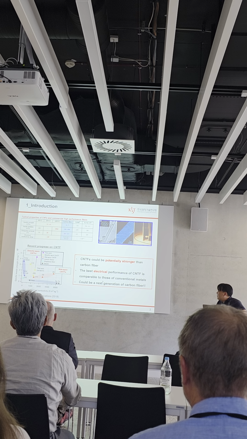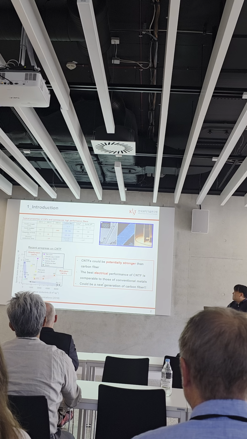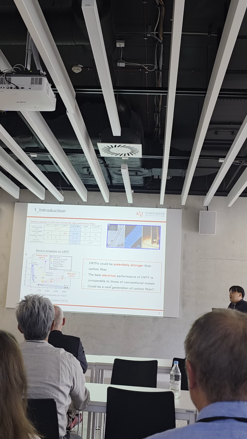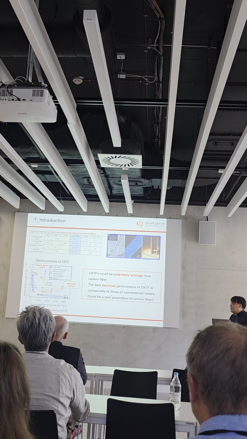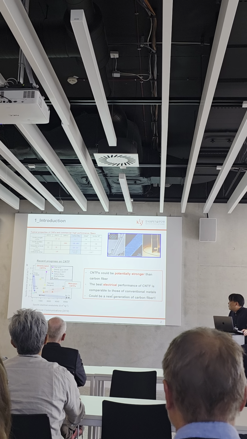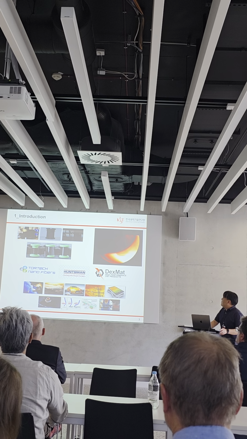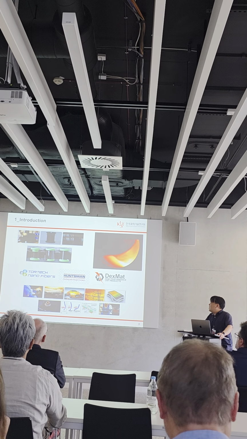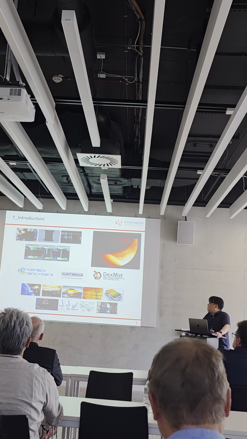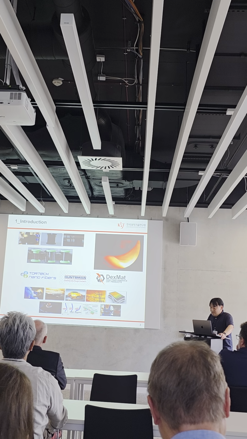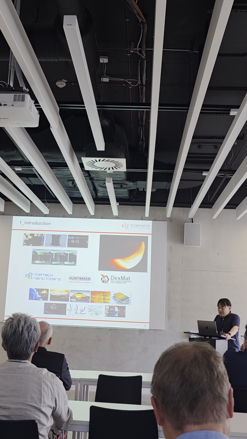The CNT fiber could be as strong as carbon fiber, and also as conductive as metal, electrically or thermally. So it could be the next generation of carbon fiber. Several companies and industries are aiming to use CNT fiber in various applications.